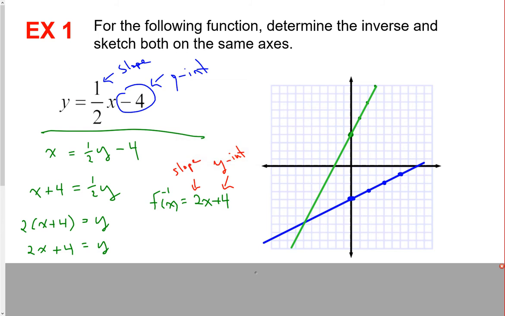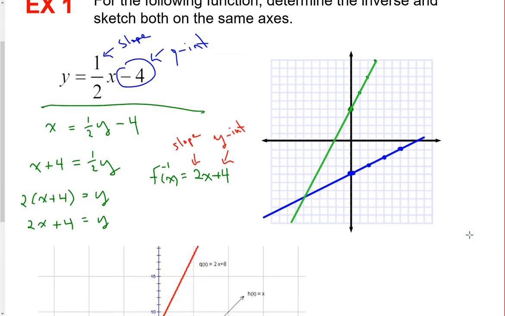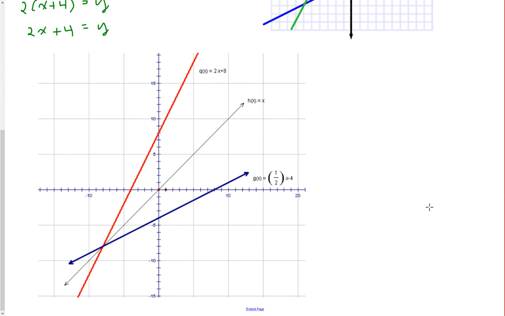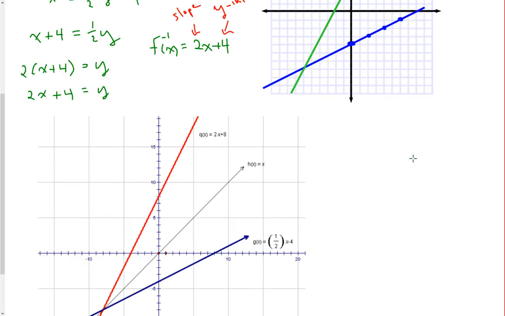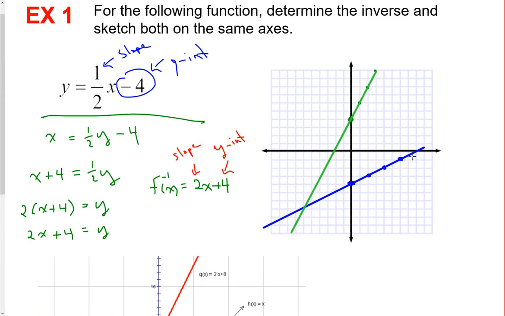Let's take a quick look at a pre-prepared graph. This is one I did in a program like Desmos, and that shows the exact same thing with that mirror line. All right. And hey, you out there, I'm pointing at you.